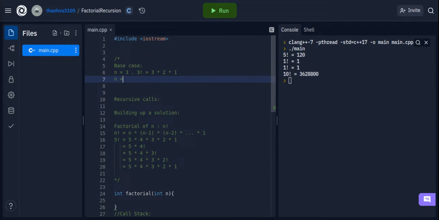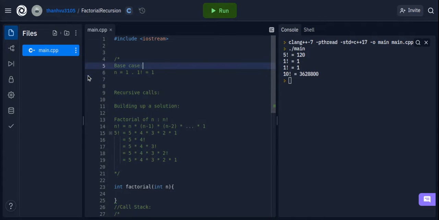But if we have 1, 1 factorial is 1 times 1, which is 1. Obviously we cannot make any more recursive calls on 1, because 1 factorial is 1 itself. So the base case in this factorial problem is 1.